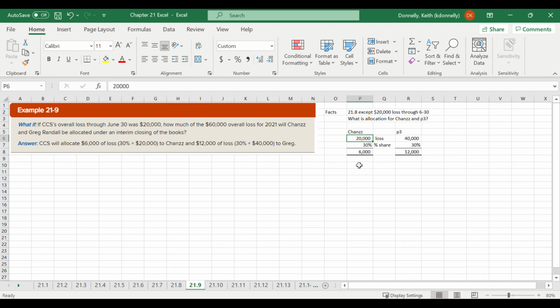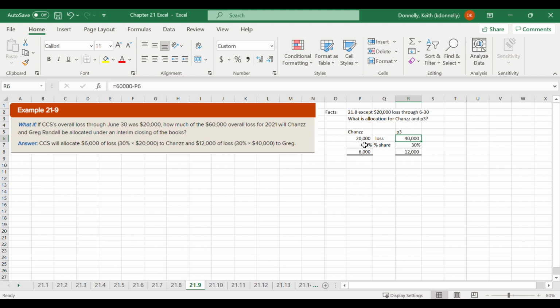It was 20,000, which means in the back half of the year, there was 40,000. So instead of saying you owned it for 6 months, you get half of your share of the loss attributable to you, we instead take more of a chronological approach.